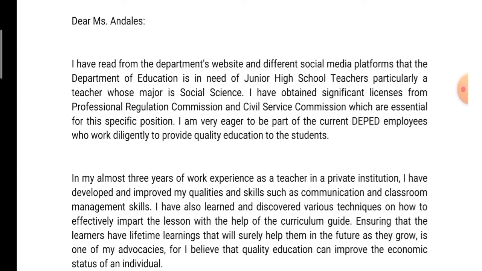I have obtained significant licenses from Professional Regulation Commission and Civil Service Commission, which are essential for this specific position. I am very eager to be part of the current DepEd employees who work diligently to provide quality education to the students.